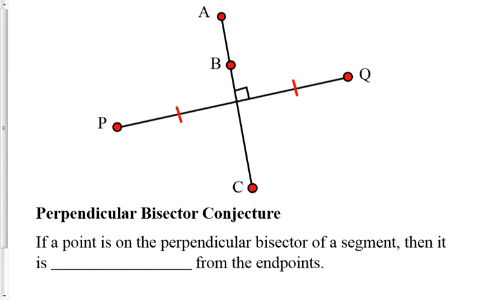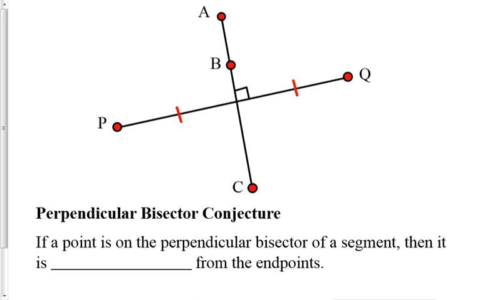The perpendicular bisector conjecture. If a point is on the perpendicular bisector of a segment, then it is equidistant from the endpoints. Take point B, for example, in our diagram above. What is the relationship between the distance of B to point P and the distance from B to point Q?